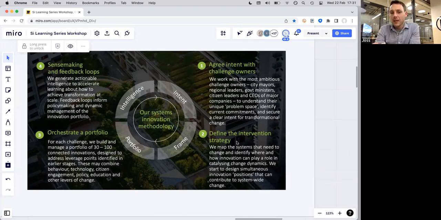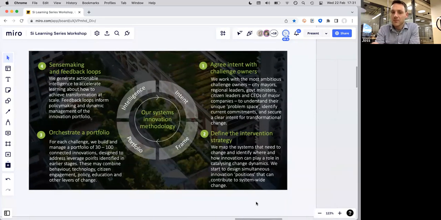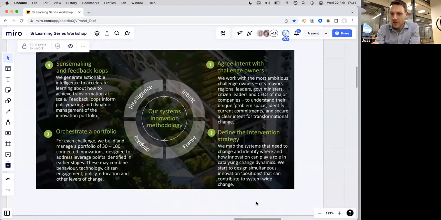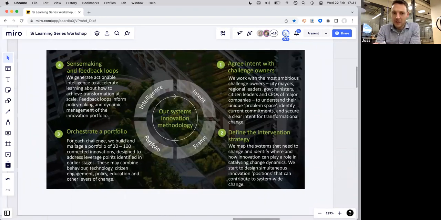And number two, they define their intervention strategy. We map the system that needs to change and identify where and how innovation can play a role in catalyzing change dynamics. We start to design simultaneous innovation positions that can contribute to system-wide change. So identifying a portfolio of initiatives, that's what we're getting to in number 3.